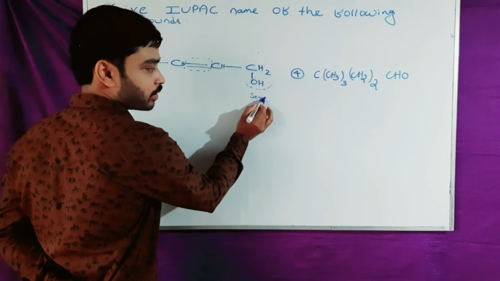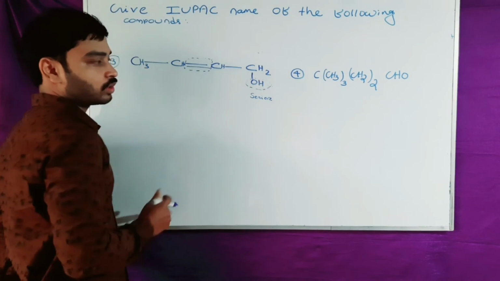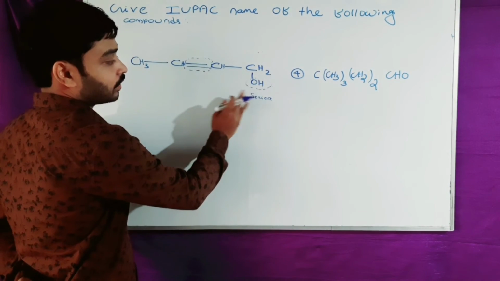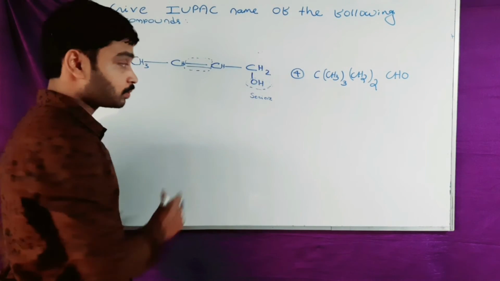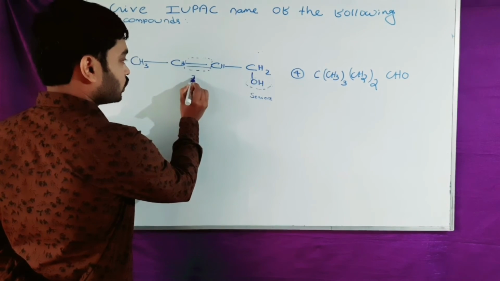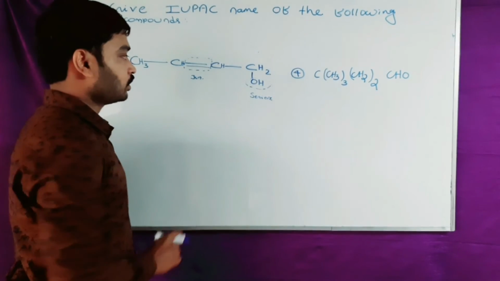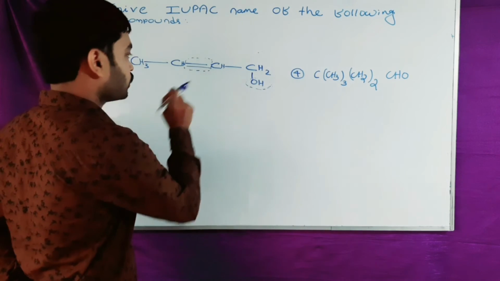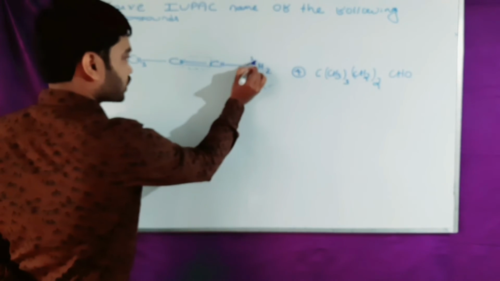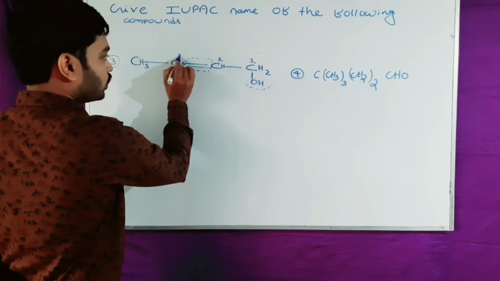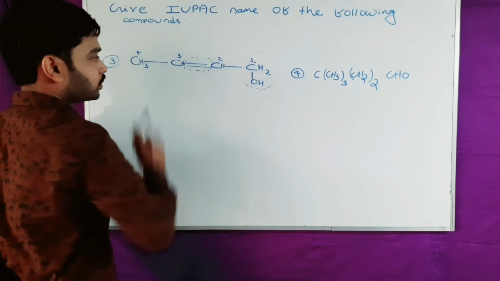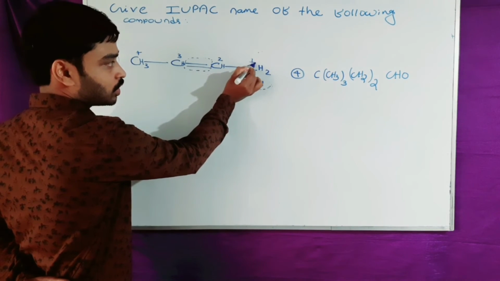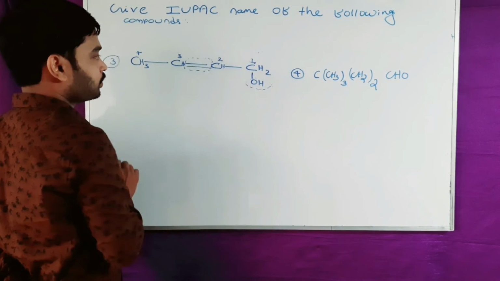It is the use of the priority rule, the use of polyfunctional groups, and the alkene is the junior one, and that's why we will use the priority rule here and the numbering will start from this side. So 1, 2, 3 and 4 will be the correct numbering sequence because we will give priority to the senior functional group here. So the name will be what?